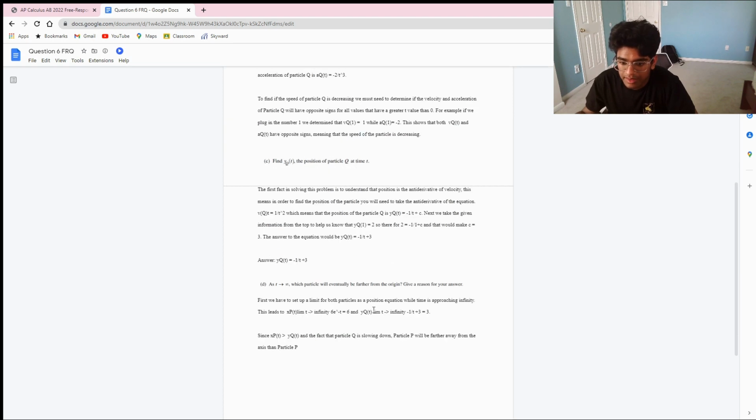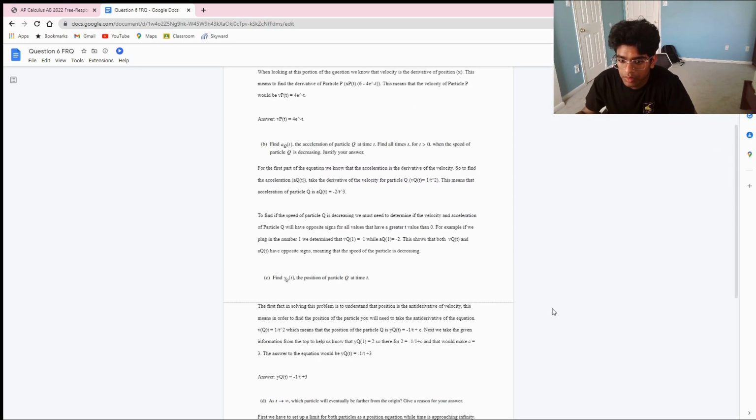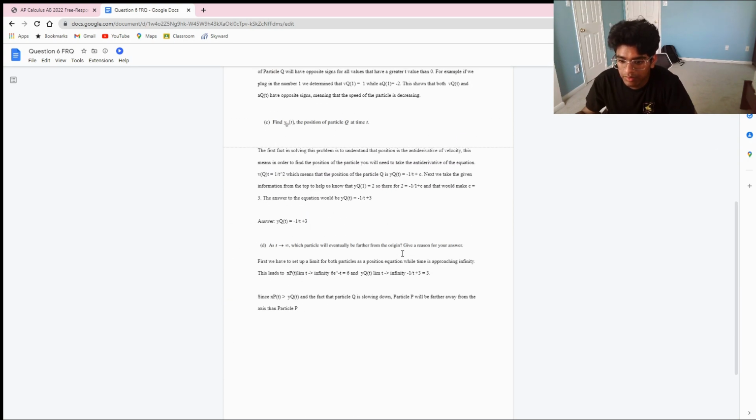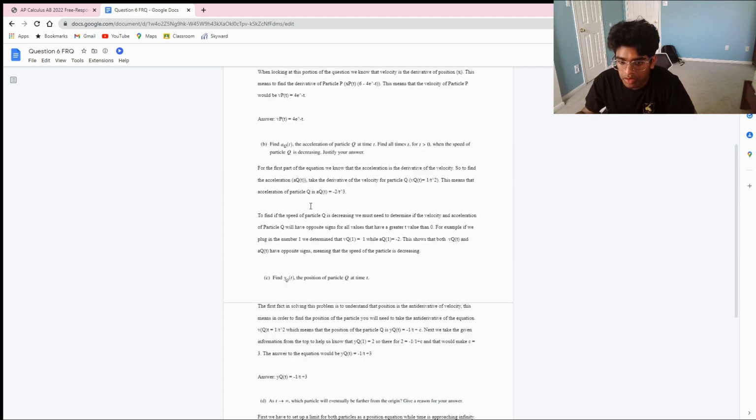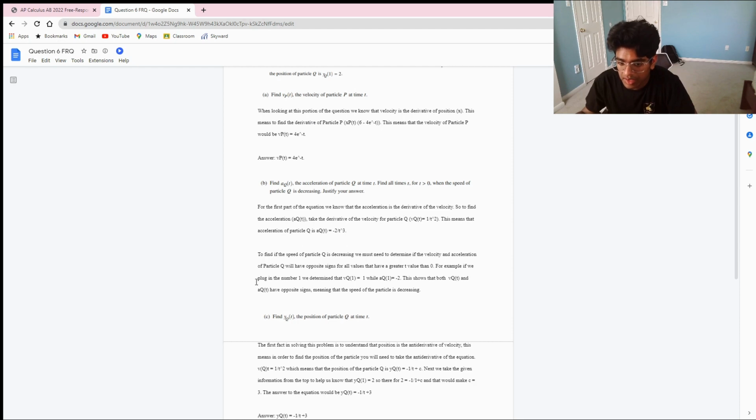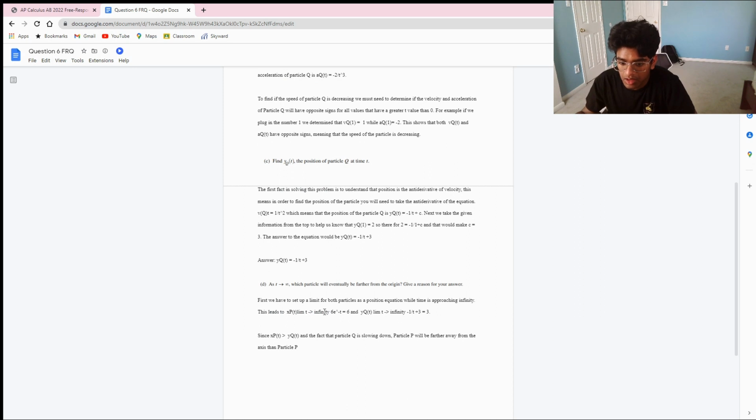I decided to take the limit of both to see which would be greater at infinity. What we got was that x's limit would be 6, while y's would be 3. We also know that particle Q is slowing down because of our answer in B, where we figured out that the speed is decreasing. Based on that information, we can determine that particle P is going to be farther away at infinite time.